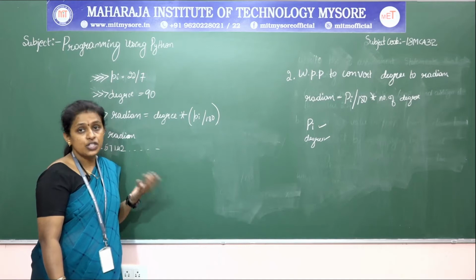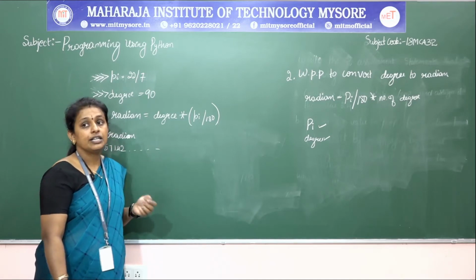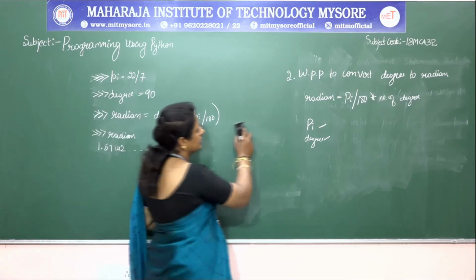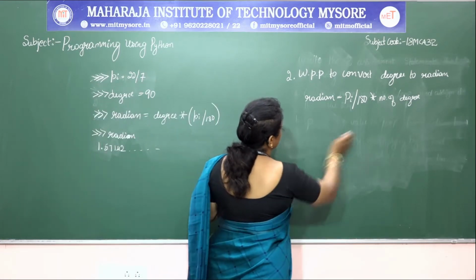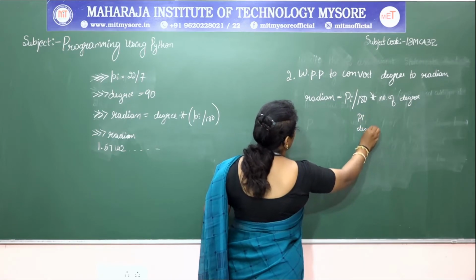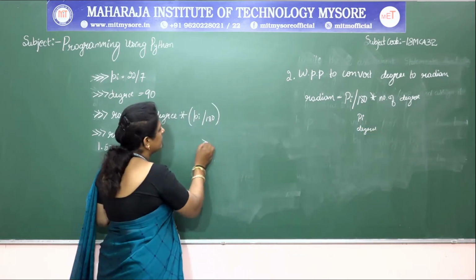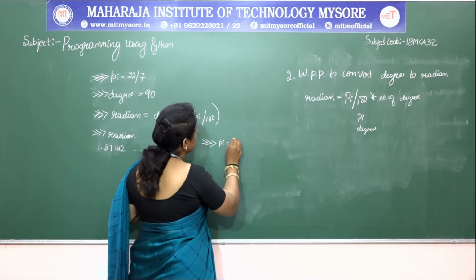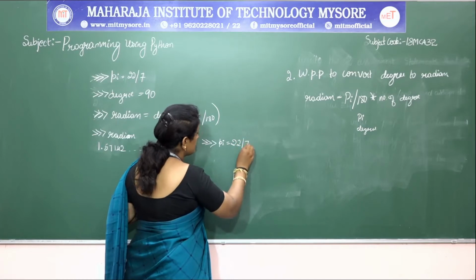If we wanted to change it, we can take an input from the keyboard. So that can be written as follows, the same program I am writing here. I require a pi value, that is 22 divided by 7.